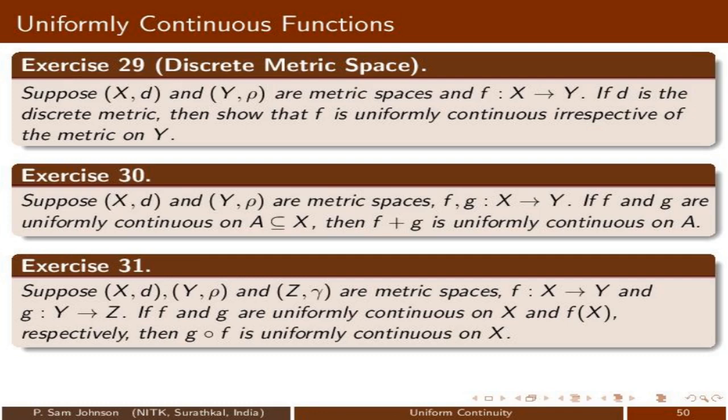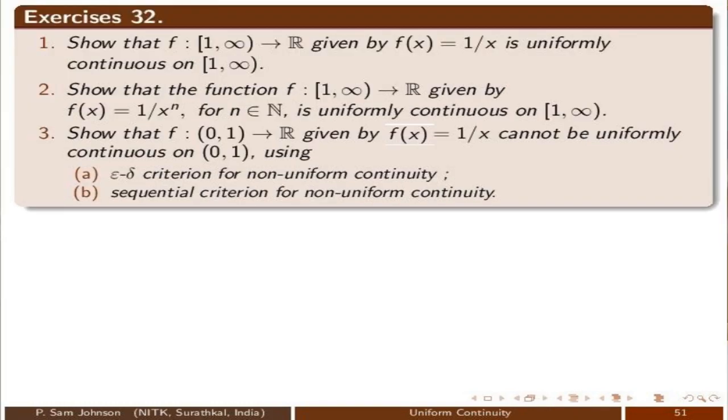And in a similar way, you can also prove the composition. If there are two metric spaces, and f and g are uniformly continuous functions, then g composite f is uniformly continuous on X. So this part ends with some exercises. Please try to solve them on your own.